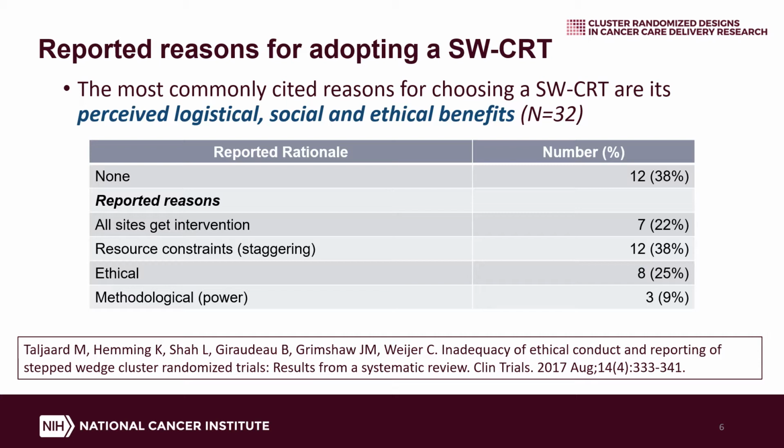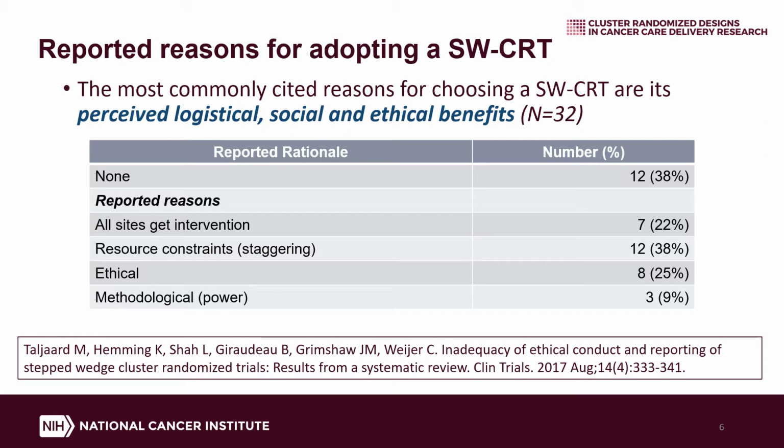So the reported reasons for adopting a stepped wedge trial design were evaluated in a review of the 32 stepped wedge trials that had been fully published in 2017. Now of note, a large number of these trials, 40% of them, didn't report any justification for opting for a stepped wedge design.